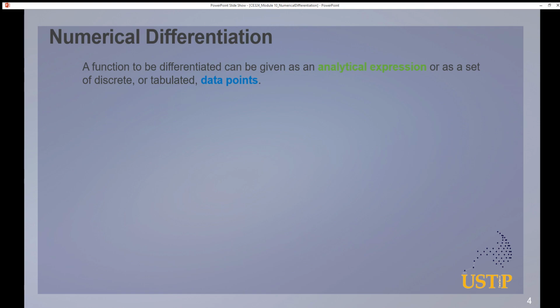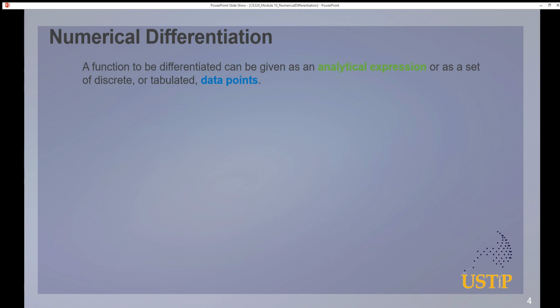The derivative of sine x is cosine x. The derivative of e to the power of 2x is 2 times e to the power of 2x. The derivative of x squared is just 2x.